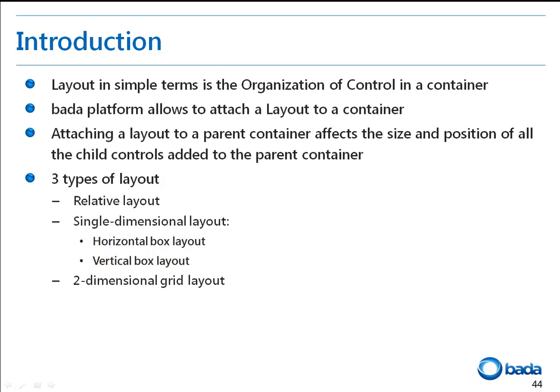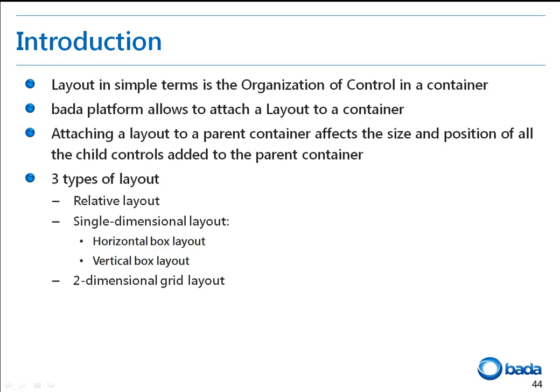A layout can be attached to a container, i.e., form or panel. Normally, the position of a child container is relative to the top left corner of the parent control. By applying a layout to the parent container, we can change the default top left behavior.